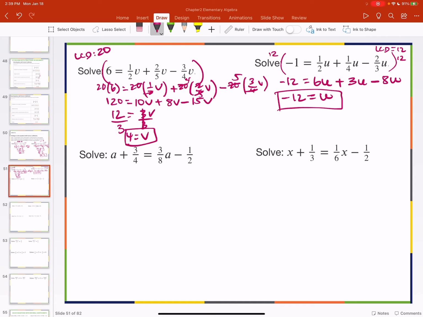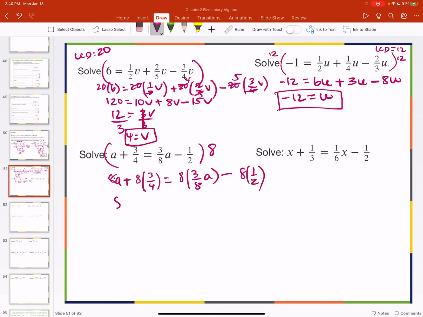Okay, so let's do a few more. Here the LCD will be 8, and we get 8a plus 8. So 8 times a, 8 times 3/4 is equal to 8 times 3/8 a minus 8 times 1/2.